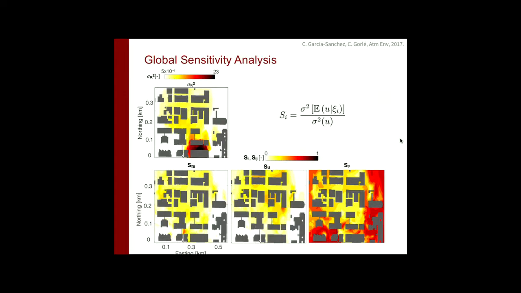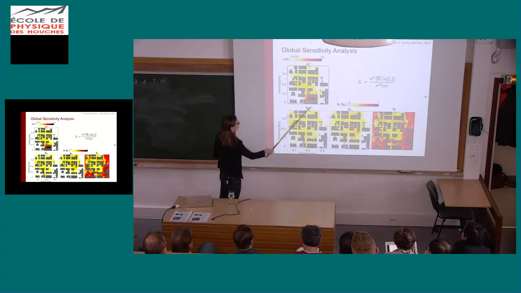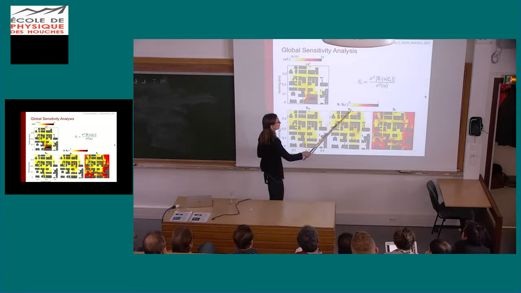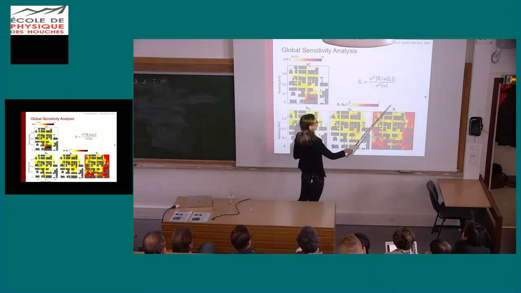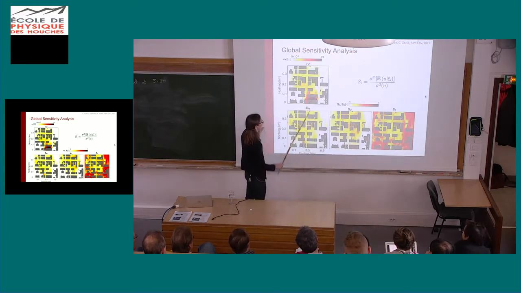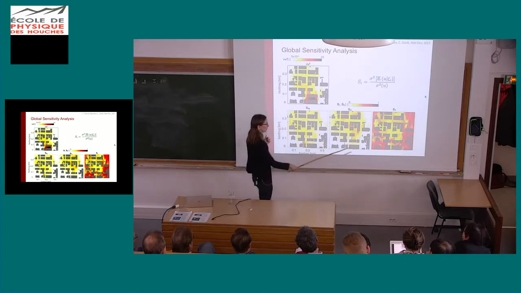So what you see here is how much of the variance is caused by my roughness height, how much is caused by my velocity at the inflow, and how much is caused by the wind direction. When you interpret these, you always need to interpret them in conjunction, right? I have very little variance here, so I shouldn't really be thinking about what happens here. It's not relevant.